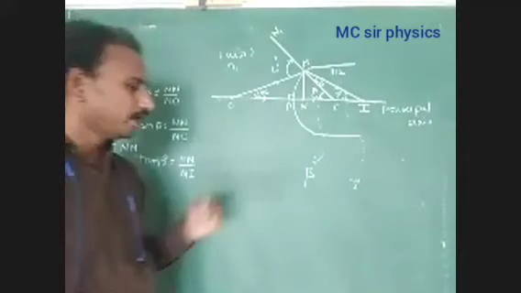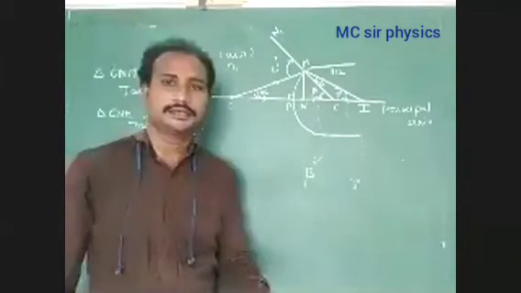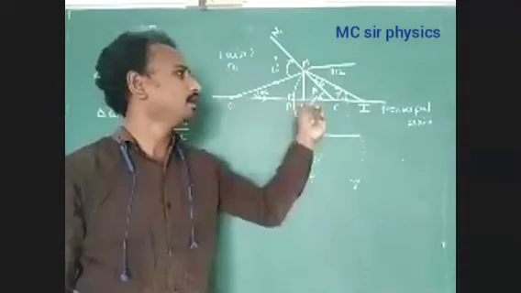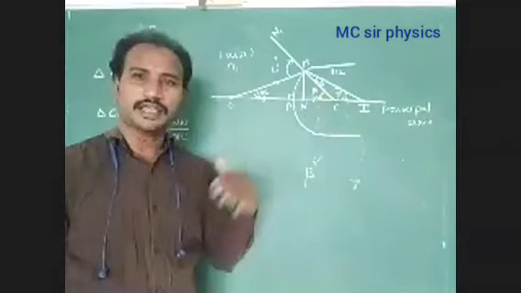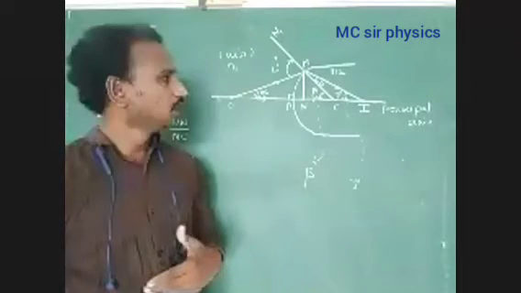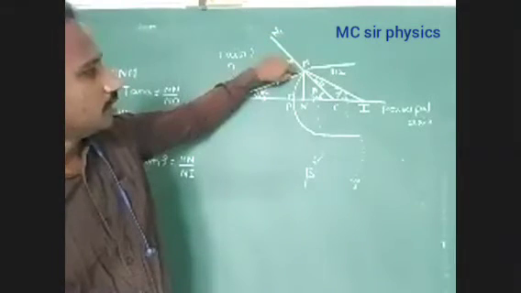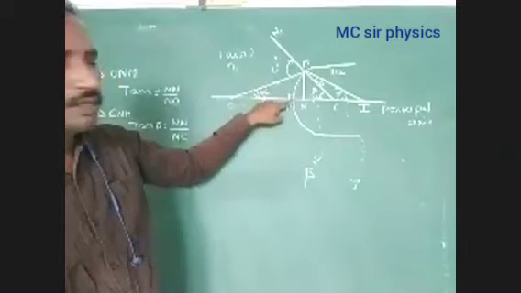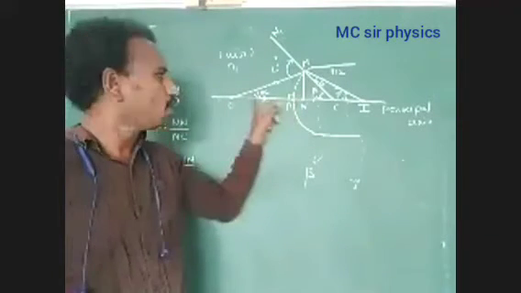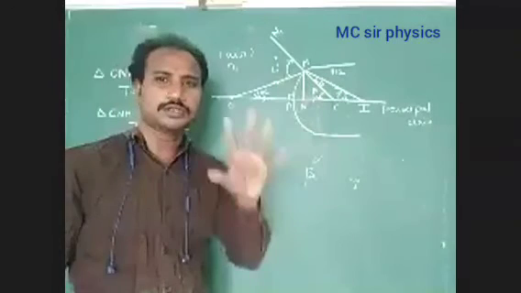Next, we have to consider that these angles are all small angles. Which angles? Three angles: alpha, beta, gamma. How do we get small angles? Here, the position of the incident point is near the principal axis, so all the angles are almost small.